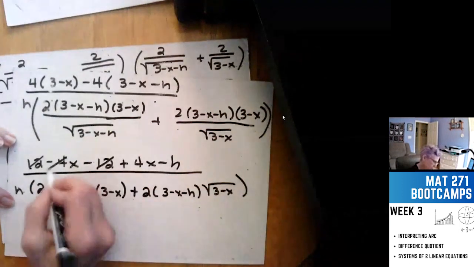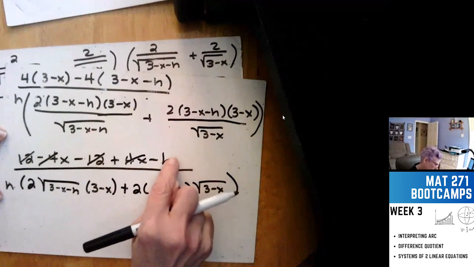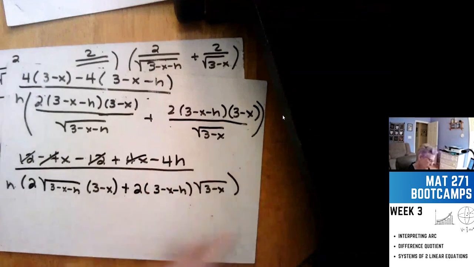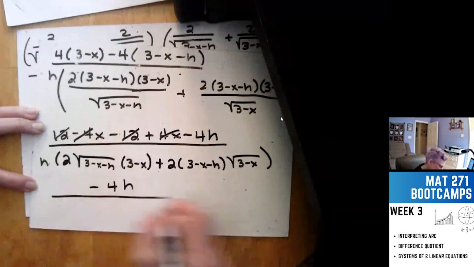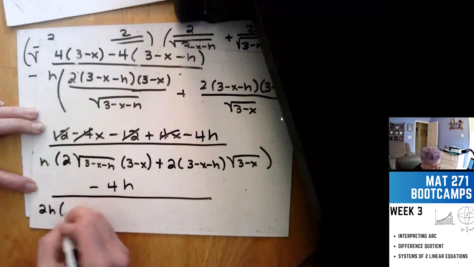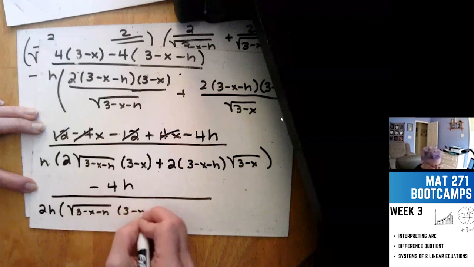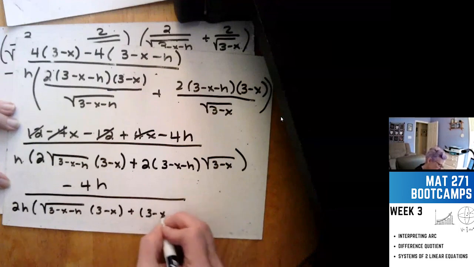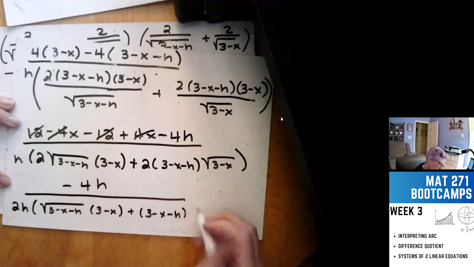And let's see, it looks like I lost an h. Did I? Yes, I lost an h there. I mean a 4. So now I have negative 4h sitting on top of, I could factor the 2 out just like I did. And I have the square root of 3 minus x minus h times 3 minus x plus 3 minus x minus h times square root of 3 minus x.